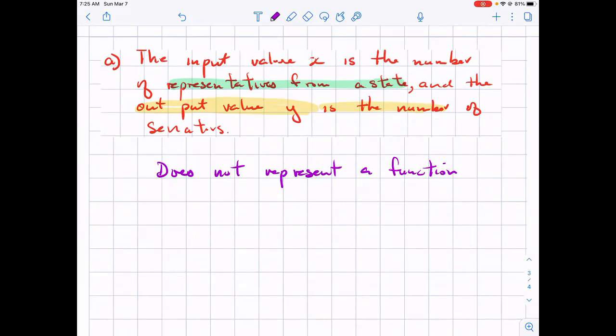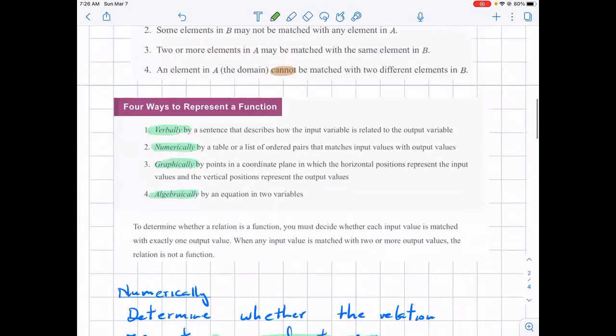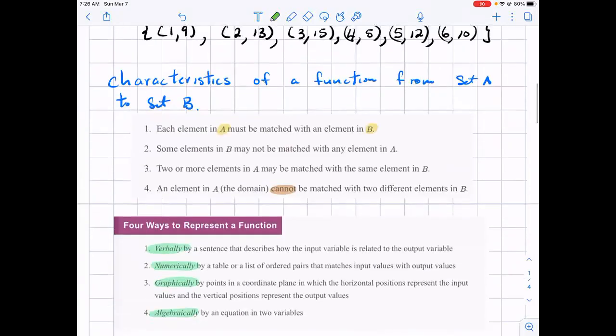Now, if we look at scenario B, here, this is not a function also, because if you notice here, 2 is matched onto 11, and 2 repeats, is also matched onto 10. So we cannot have that repeated value, and that's one of the things we said here, right?